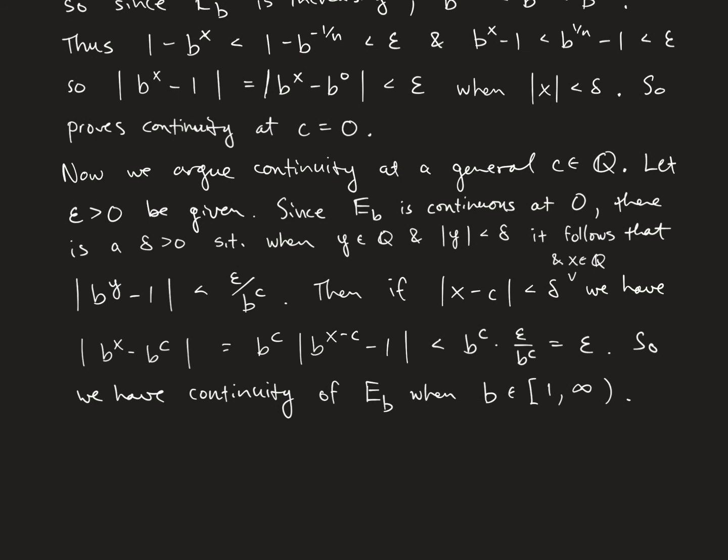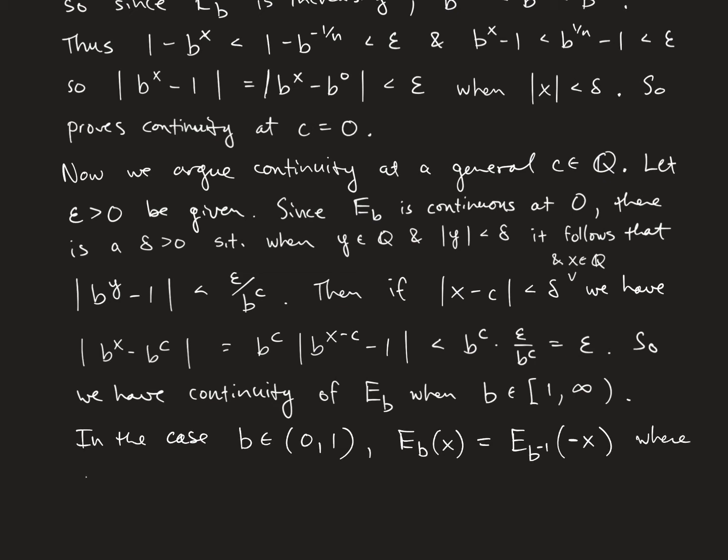So in the case where b is between 0 and 1, you can just check this, right? You're just writing b to the x as b to the minus 1 to the minus x. So this is just e sub b to the minus 1 of minus x, right?